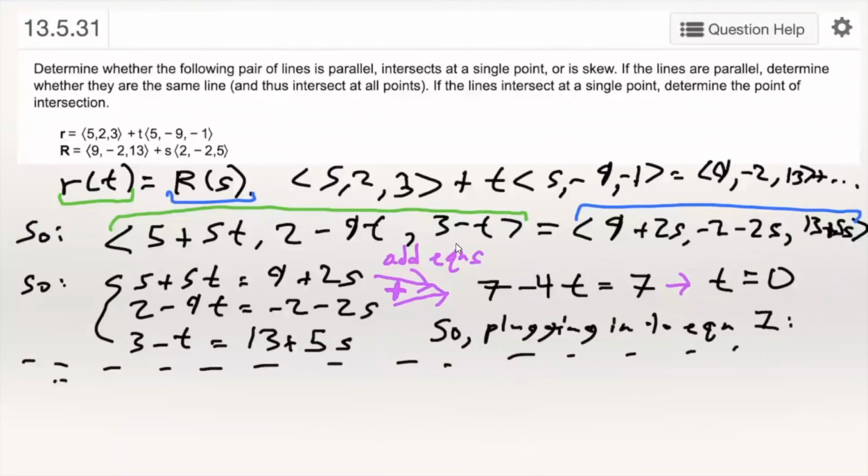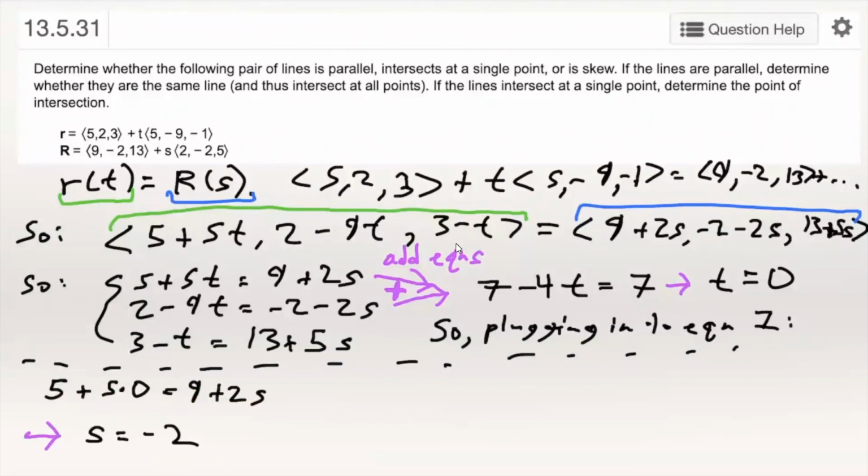Then we have 5 plus 5 times 0 is 9 plus 2s, which means that s is equal to -2. Okay, so we got t, we got s.